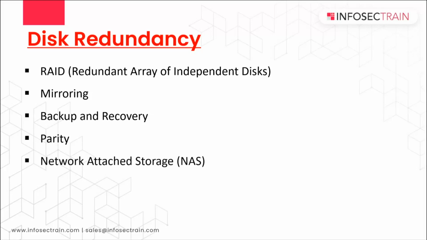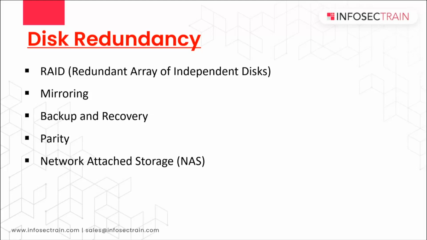Then what about next? Network attached storage, NAS. NAS is a storage device that connects to a network and provides file level data access to multiple clients. NAS devices often include redundant disks and other features to improve reliability, right?